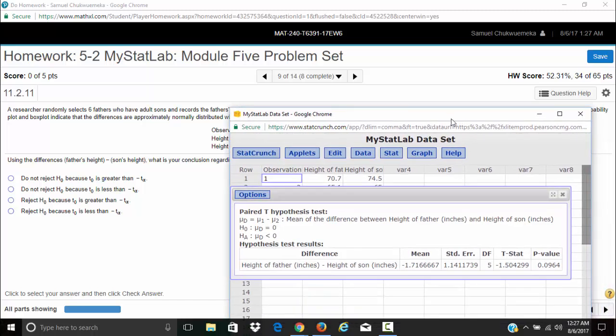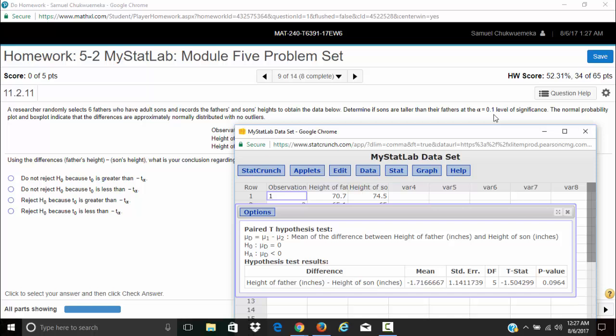Who is greater? 0.1 is greater than 0.0964, or you can say 0.0964 is less than 0.1. If p-value is less than or equal to the level of significance, reject the null. So our decision is to reject the null hypothesis, period.